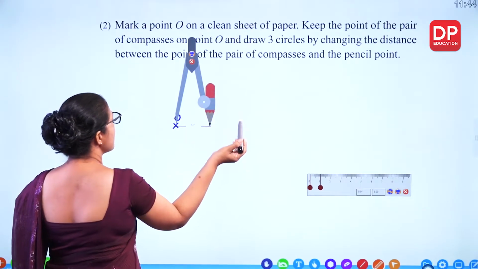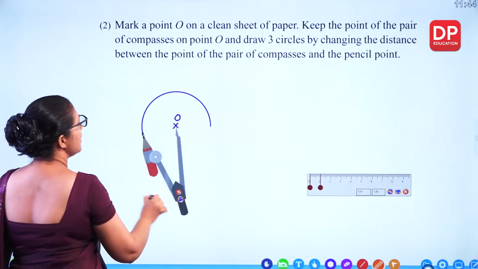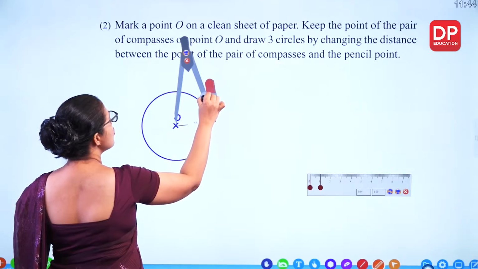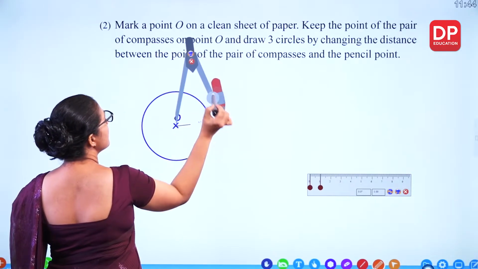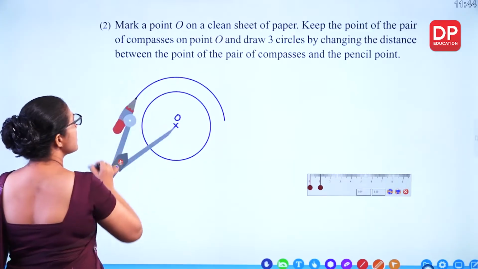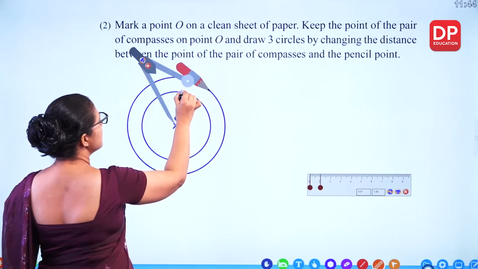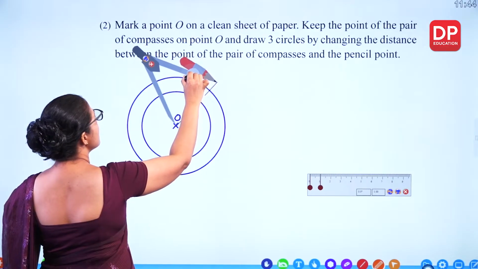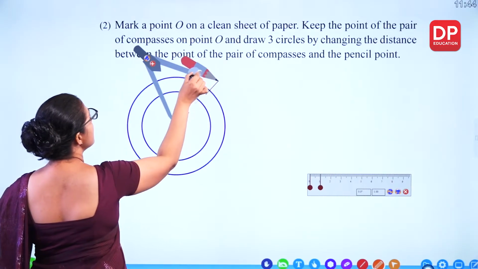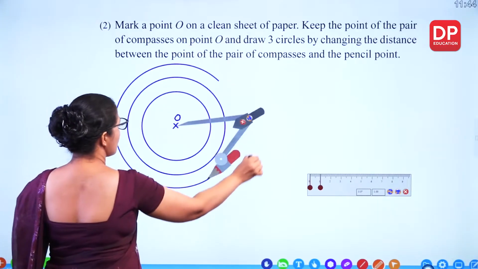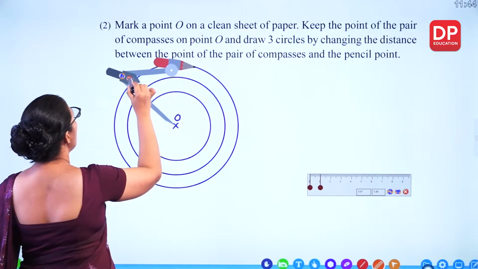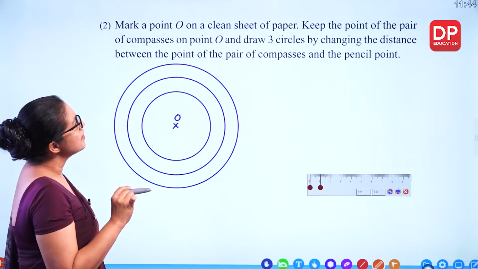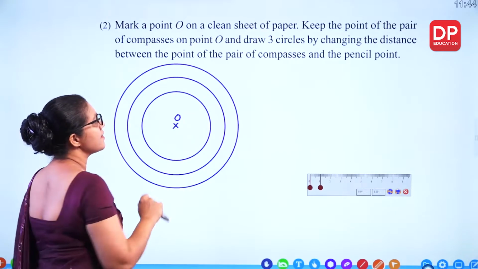So I'll take this length and draw a circle. I can now change the length to this one and draw another circle. And I can change the length to another distance and draw another circle. So they want same center O with 3 different radii lengths.